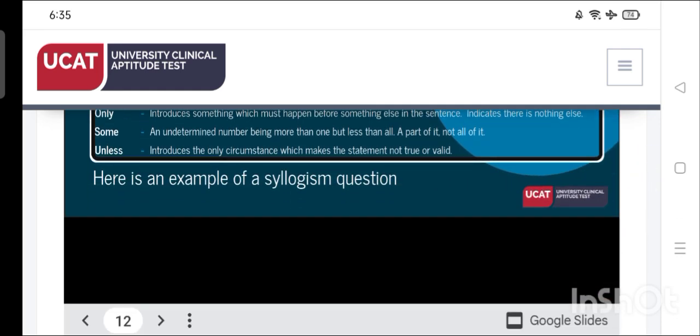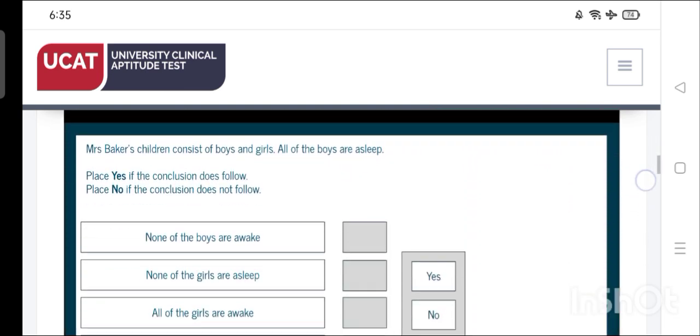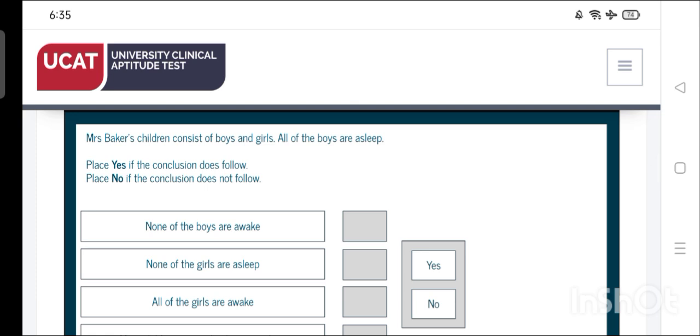So here is an example of a syllogism question. Here we have an example of which type of questions are syllogisms. They have given you information and they ask you to place yes if the conclusion does follow, place no if the conclusion does not follow.